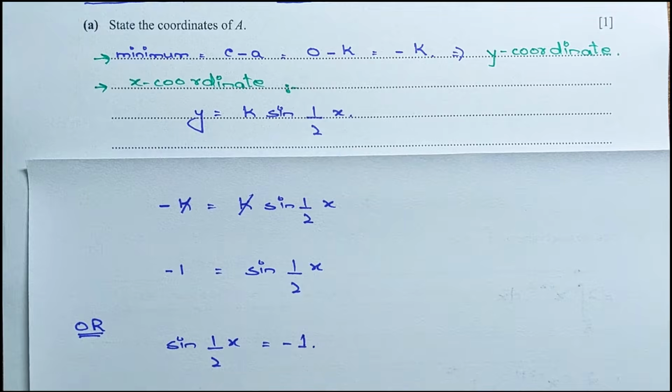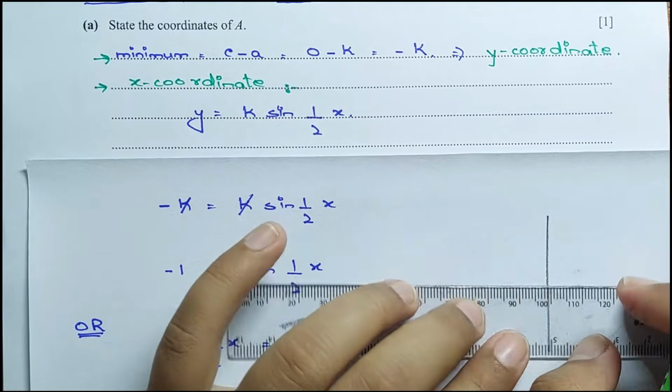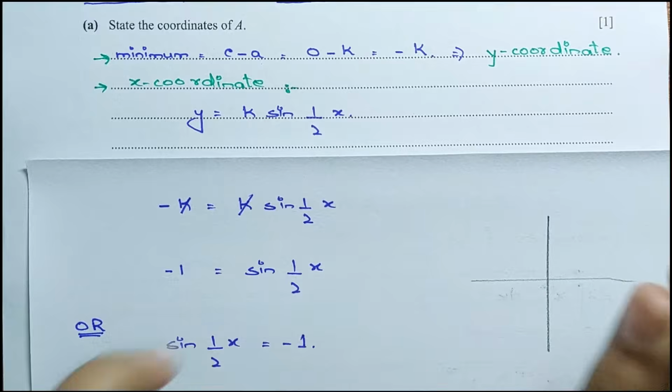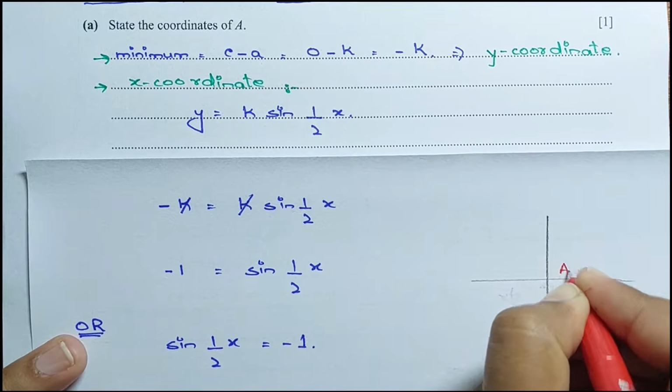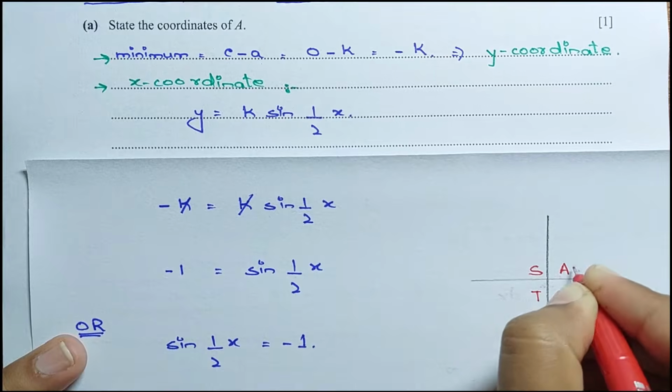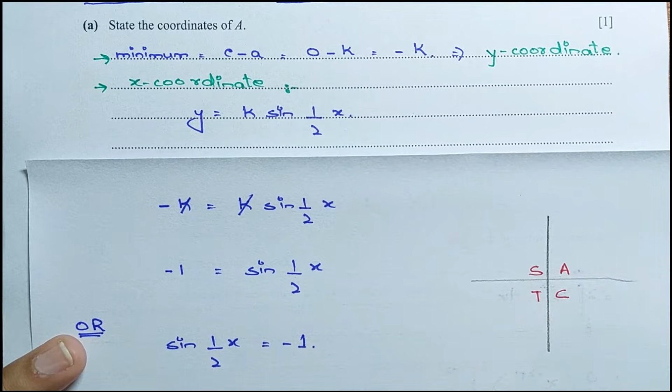Now in this equation sine is negative, so let me check in which quadrants sine is negative using the CAST rule. According to the CAST rule, C, A, S and T: here all are positive, here sine is positive, tangent is positive, and cosine is positive.